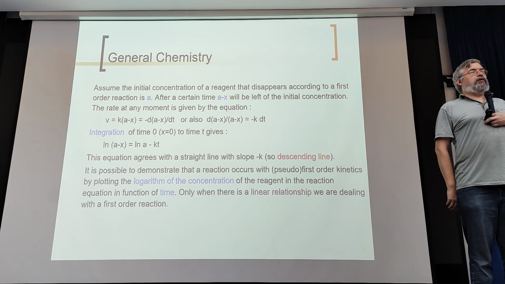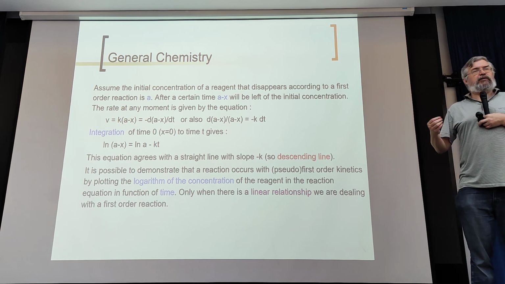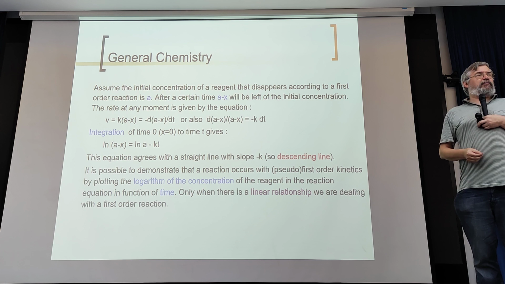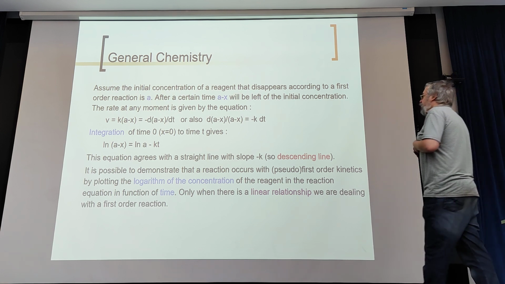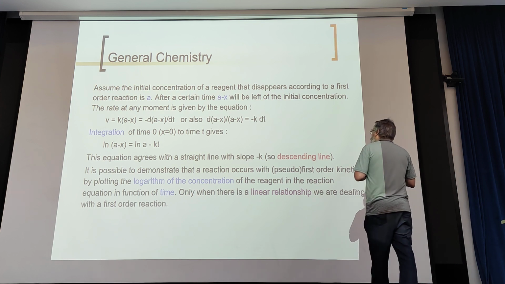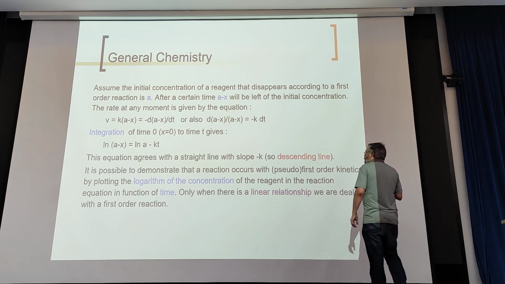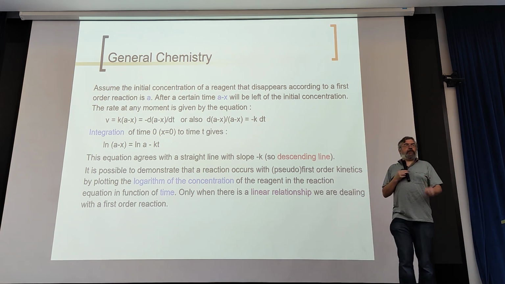Because the slope is minus K. On the x-axis you have T. So a descending line, but a straight line.